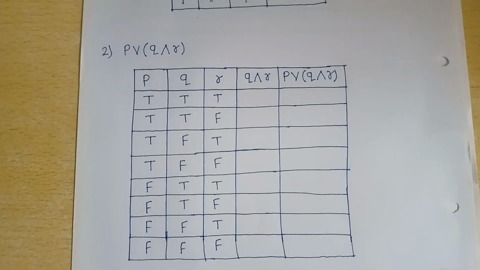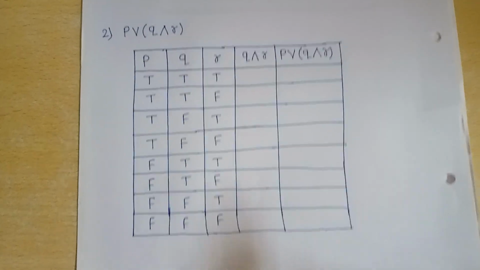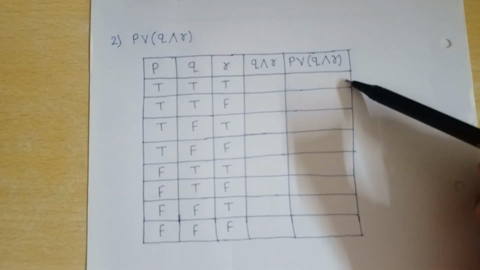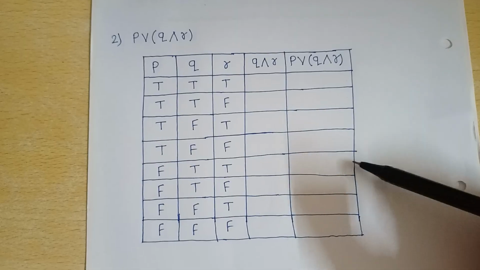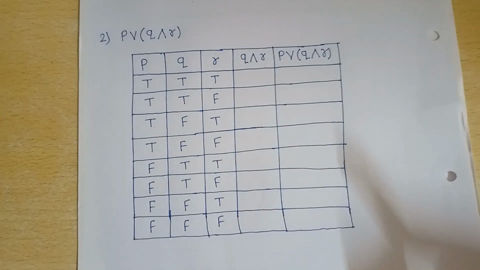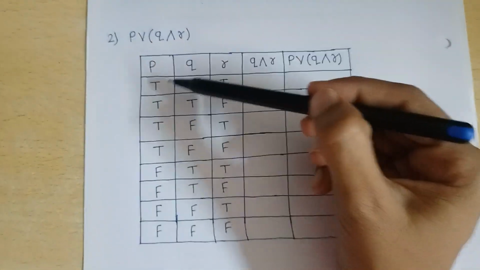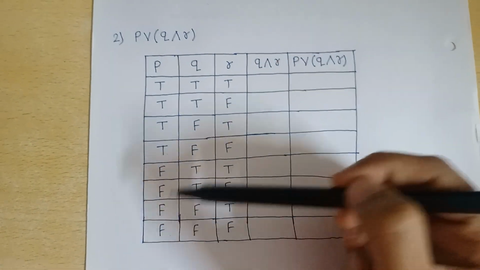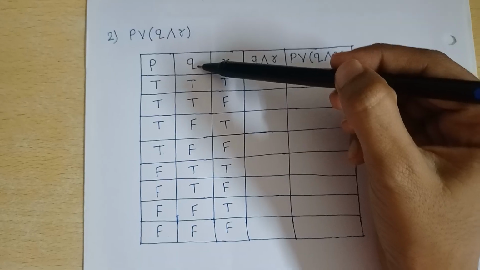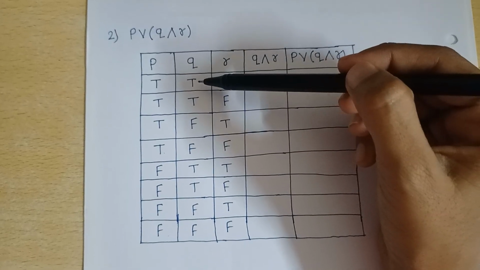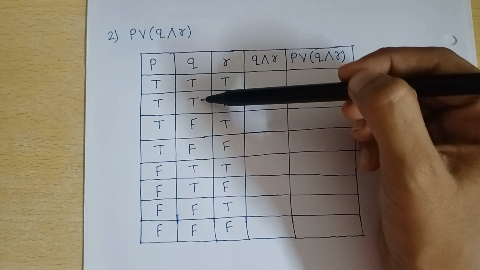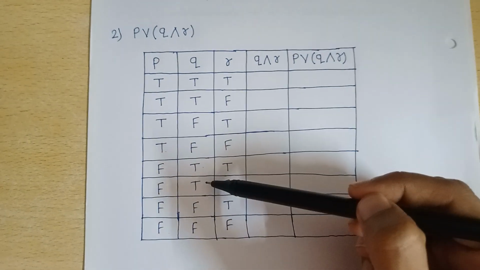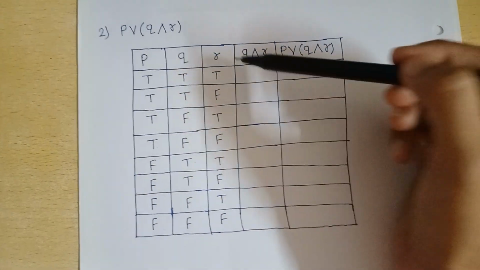For three statements it will cover with 8 combinations, and we require 8 rows: 1, 2, 3, 4, 5, 6, 7, 8. The first statement will be arranged as 4 T's, after that 4 F's. Second statement Q we will arrange as 2 true, 2 false, again 2 true, again 2 false.